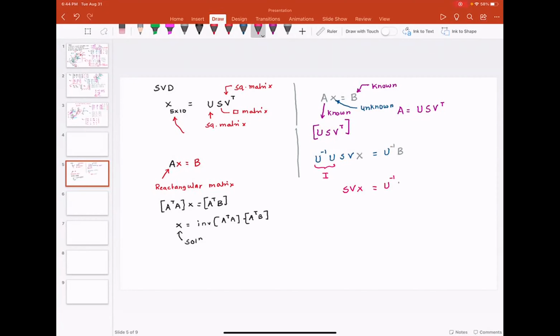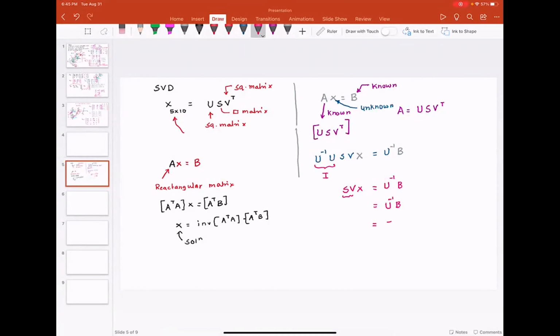And what I can do is take this and transfer that. And please note, the most important part here is U inverse is going to be U transpose, because it's an orthonormal matrix. So you're going to have U inverse B, and then you perform the conversion once again.